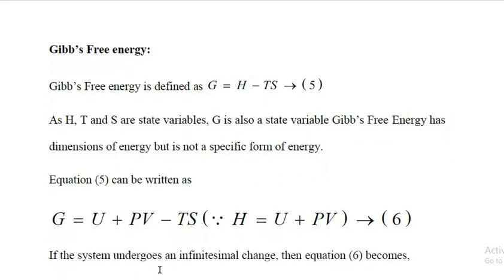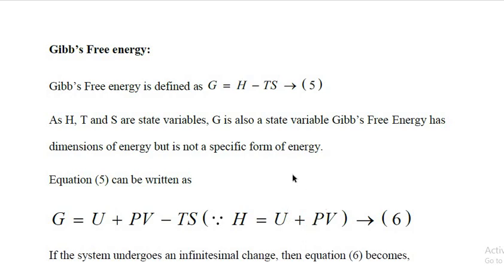Once again, as H, T and S are state variables, G is also a state variable. And Gibbs free energy has the dimension of energy, but it is not a specific form of energy. Equation 5 can be written as G is equal to U plus PV minus TS, because H is equal to U plus PV.